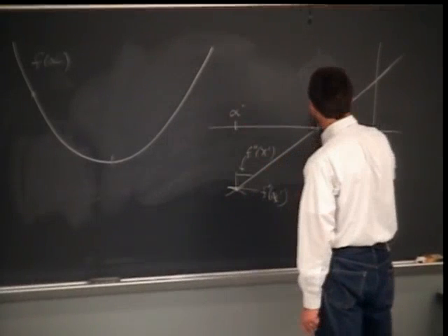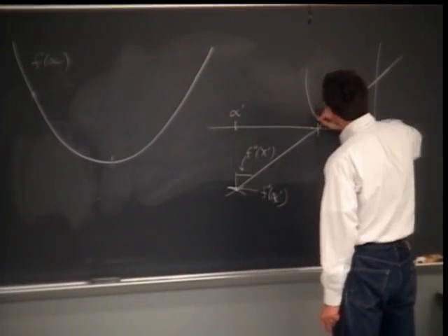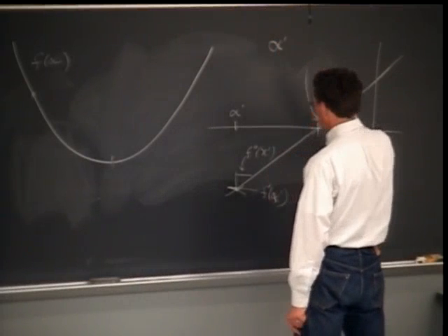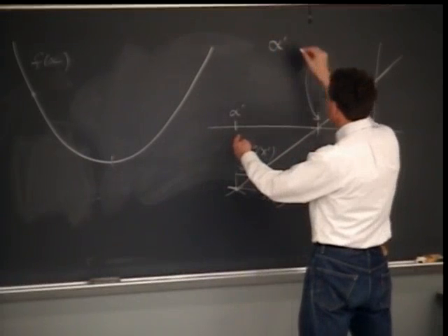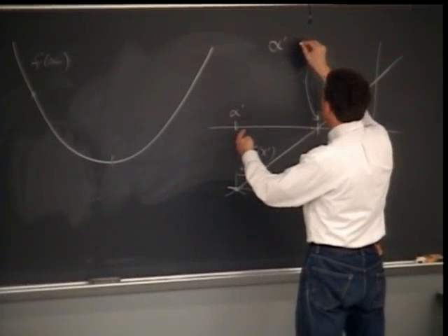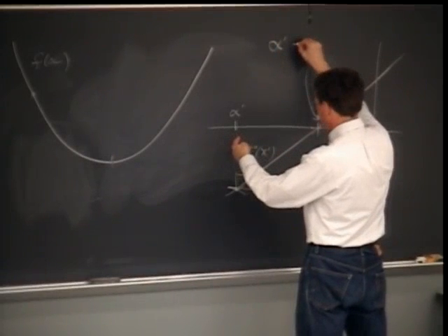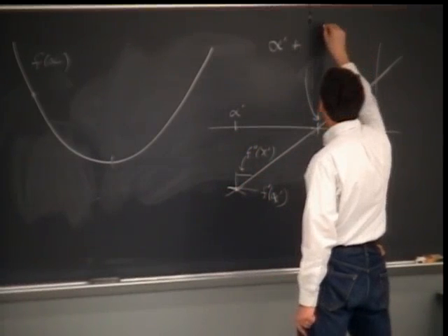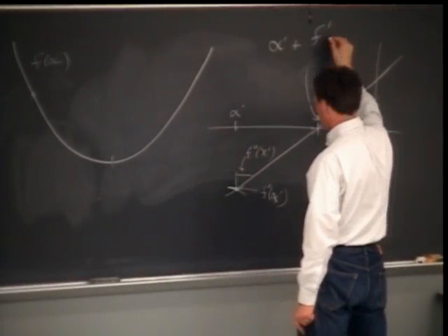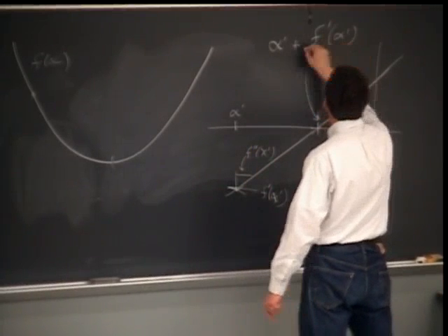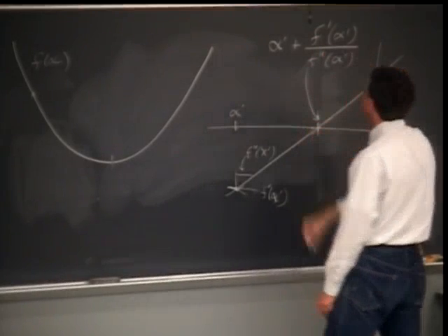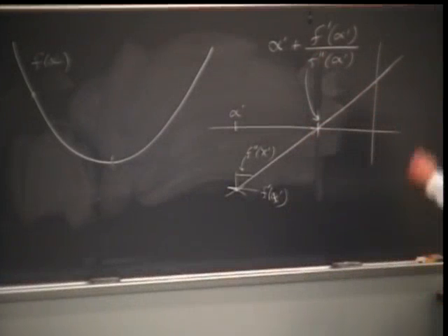So this point here is going to be, I take alpha prime, right? And then it's going to be like minus, okay, so it's going to be plus, I think, f prime of alpha prime over f double prime of alpha prime. Isn't that correct? Let's see.